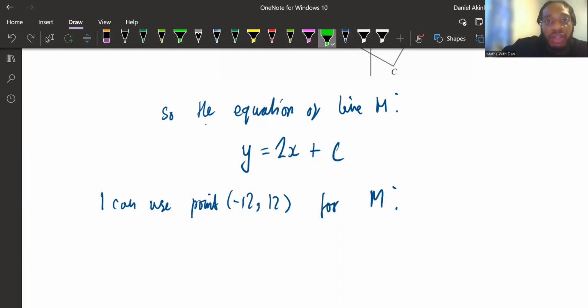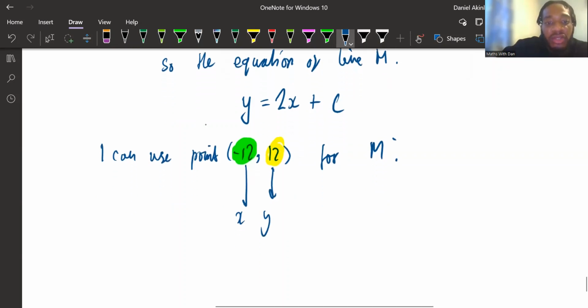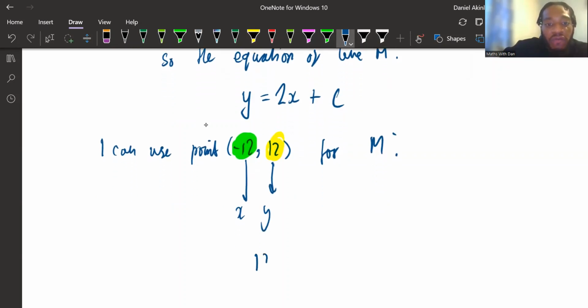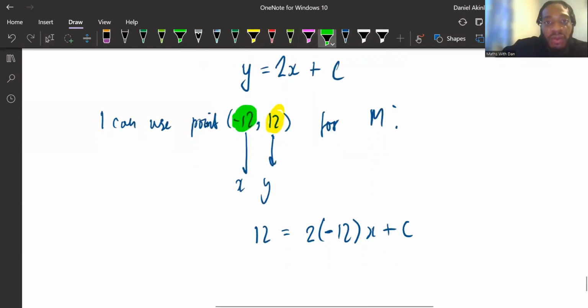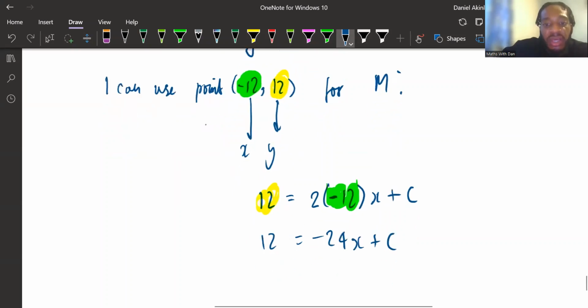And now using that, I'm going to do my colors again. This is the x coordinate and this is the y coordinate. So I can put this here and this down here. So we're going to get 12 for y is equal to 2 lots of minus 12, plus c.